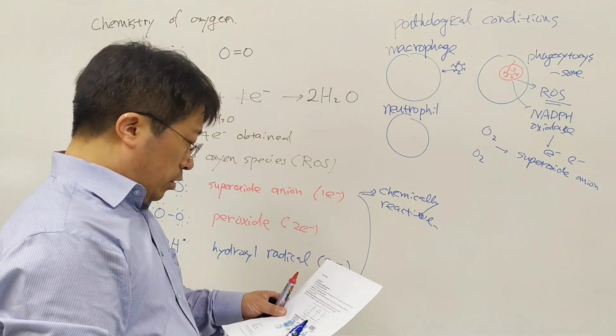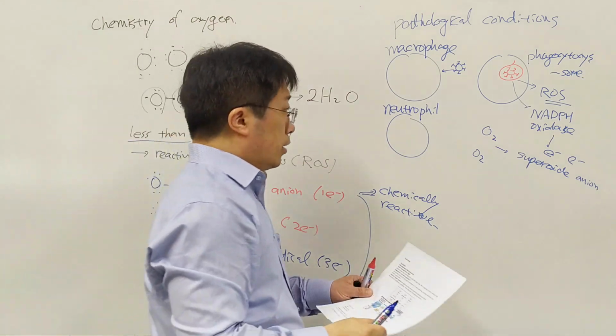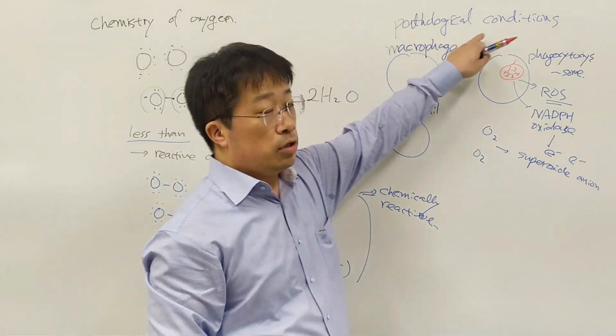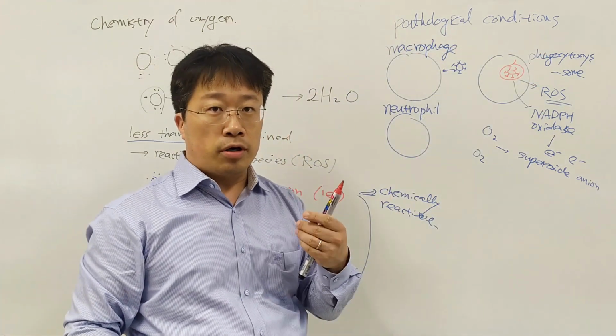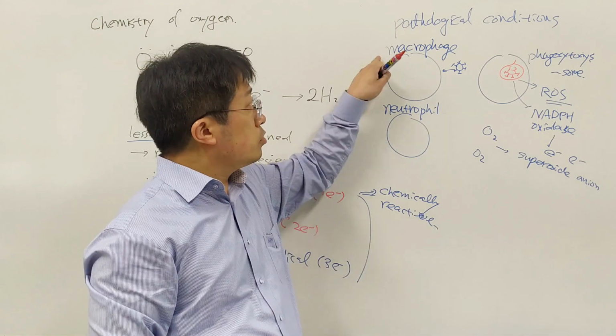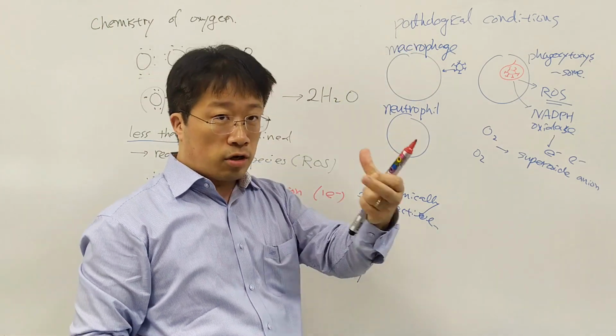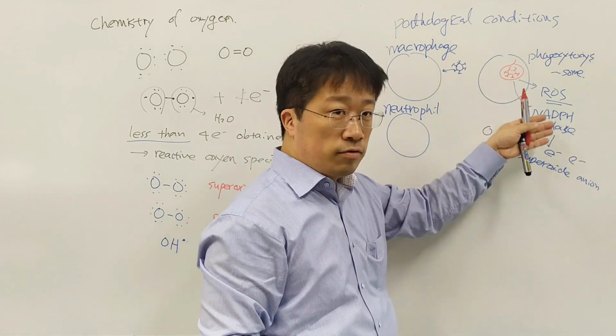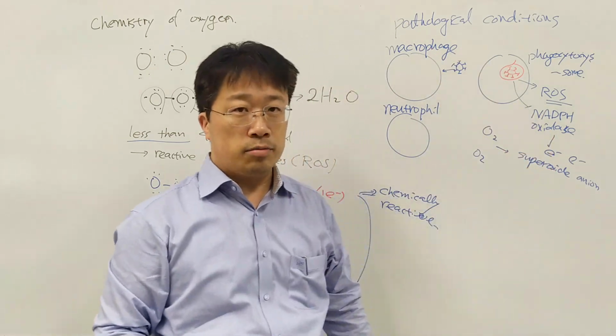Okay. So that means in the pathological conditions, our foreign particles come to our body, and the immune system, the macrophage cells, engulf those foreign particles, and at the end of this reaction they produce reactive oxygen species.